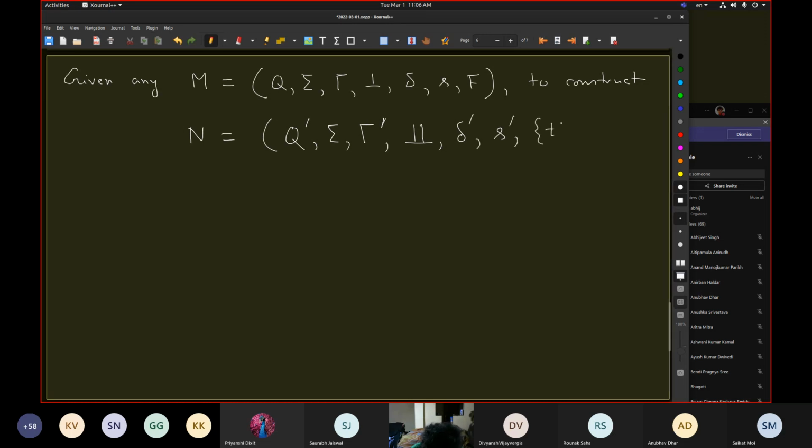And the final state in N is a singleton thing, T prime. We may call it T, such that N accepts both by final state, that is by going to T prime, and empty stack.